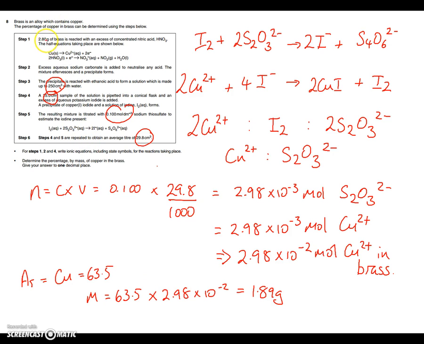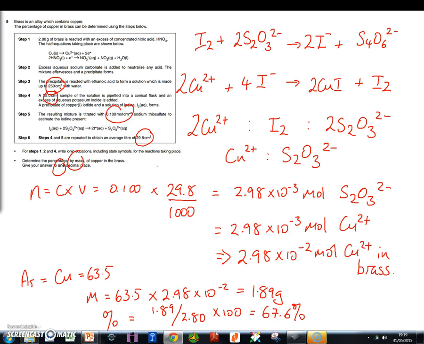And finally, we want to work out the percentage by mass of the copper in the brass to 1 decimal place. So the percentage by mass is 1.89 over 2.80 times 100, which gives us 67.6%.